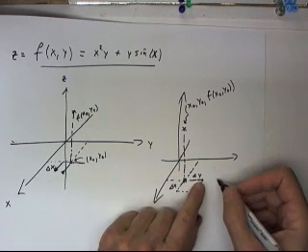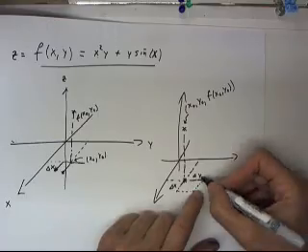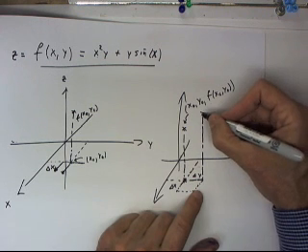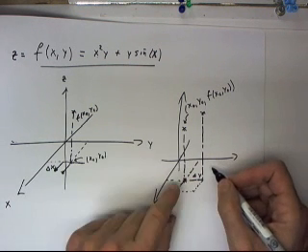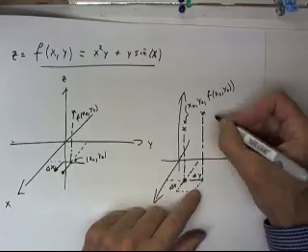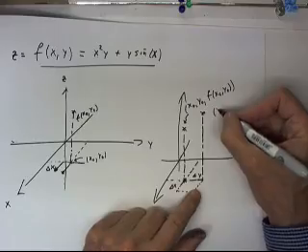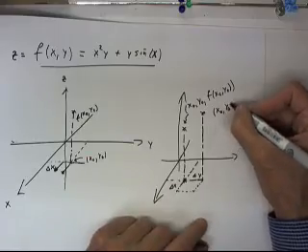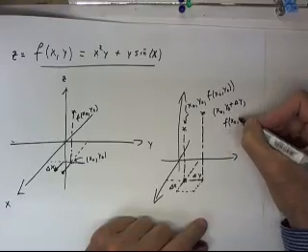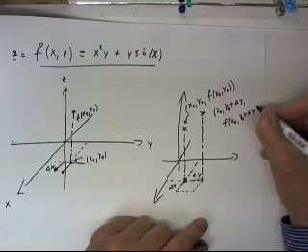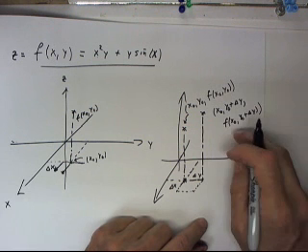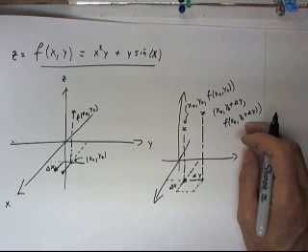And let's assume that z increases between this point and this point, so that this point is x naught, y naught plus delta y, f of x naught, y naught plus delta y. The length of this vertical line is f of x naught, y naught plus delta y.